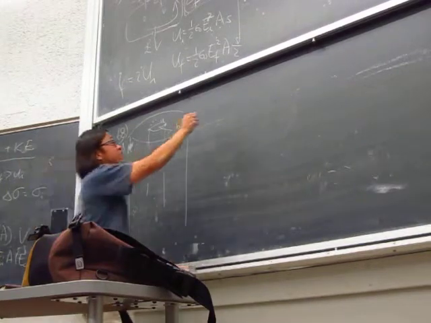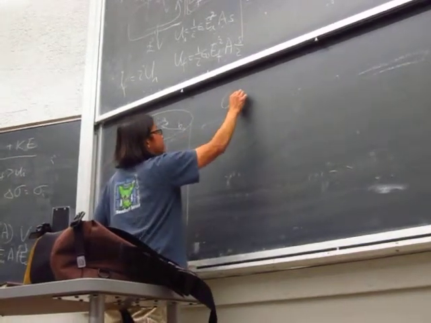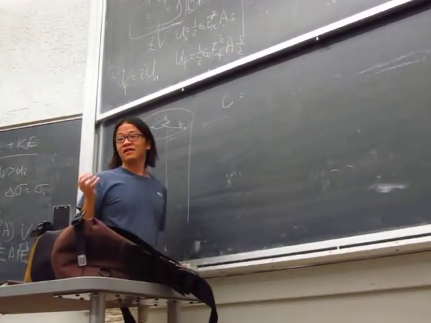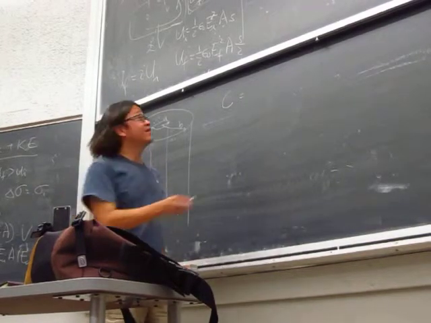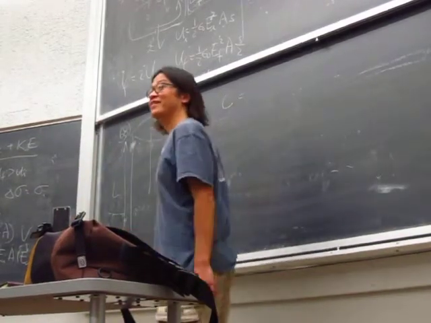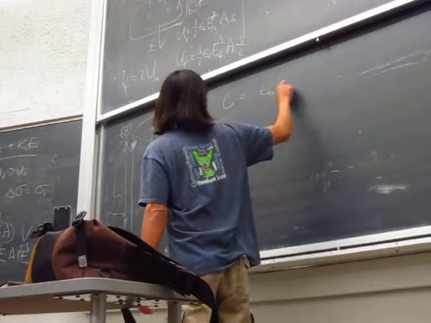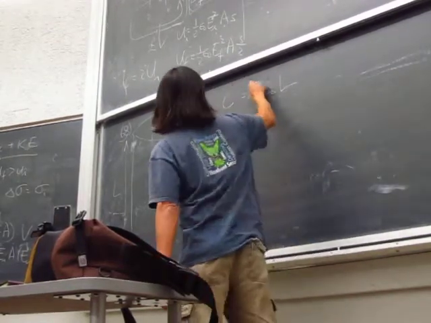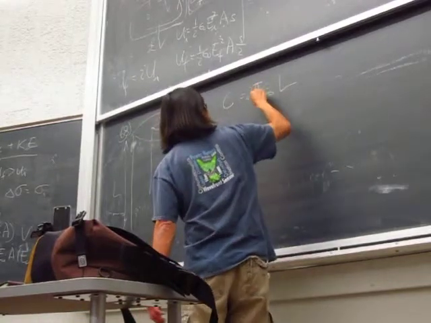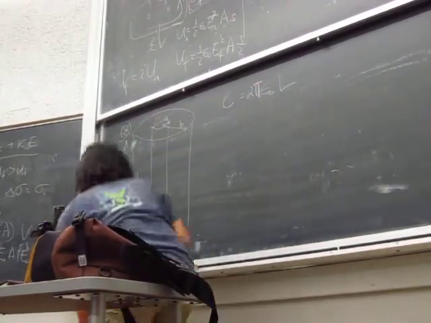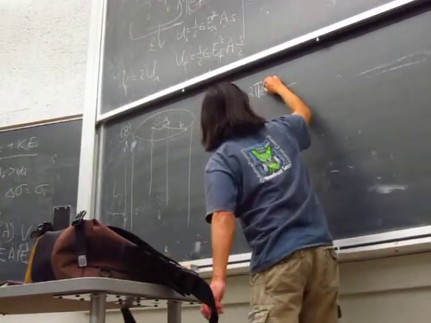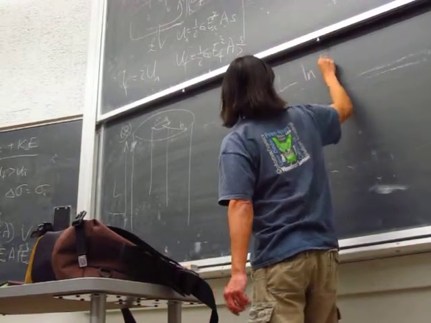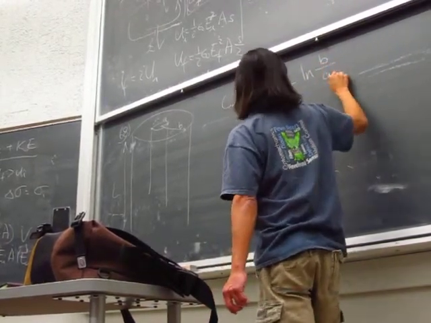Does anybody remember the formula for the capacitance of a cylinder? Oh, we have it in here. 2 pi epsilon L. So the 2 pi you can never remember, but you should remember it's epsilon naught L over the natural log of B over A?